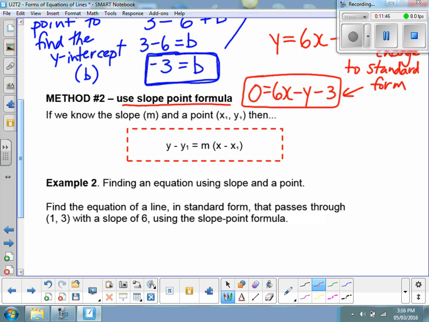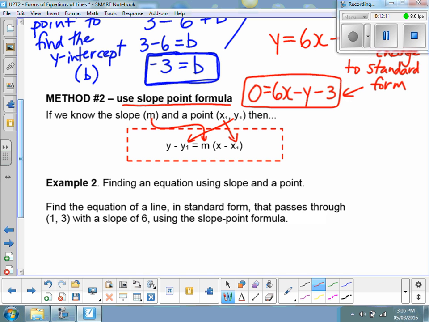So if we know the slope m at a point x1, we can write this equation down here. So y minus y1 equals m times x minus x1. The m ends up going where the m is, and the x1 and the y1 end up going in there.